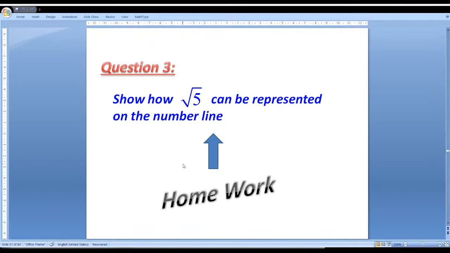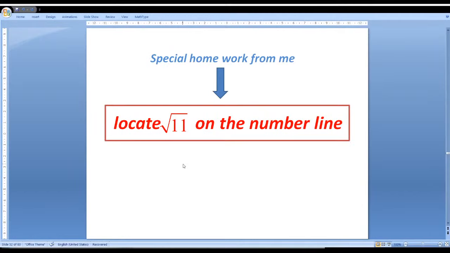You should do it at home after this period. And another special homework, this is from me: locate root 11 on the number line.